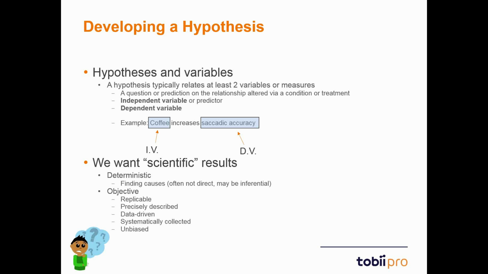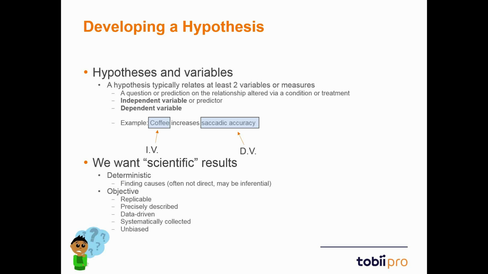So we're saying that the outcome, the dependent variable of saccadic accuracy, is related to how much coffee the person has consumed. These are the typical ways that people think about the things in the world that you might be testing: you have something that you can manipulate, and something that you can measure.